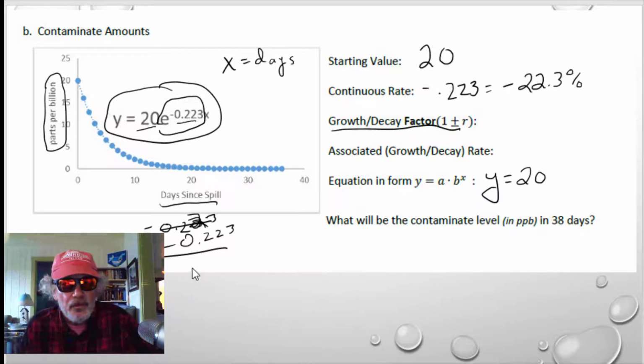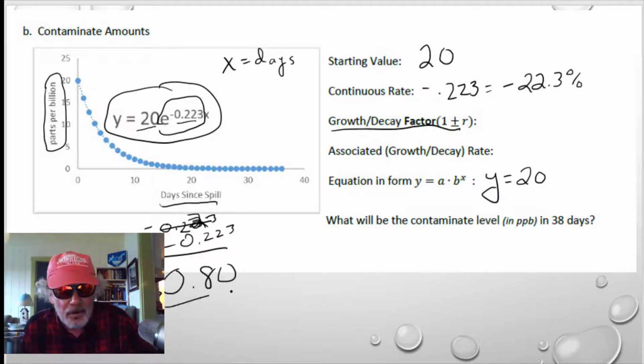Let's put that in our calculator and see if we can get a match. And if you got 0.8, you would be correct. If you think about it, that's about a decrease of 20%. 1 minus 20 over 100 is going to be 0.8.